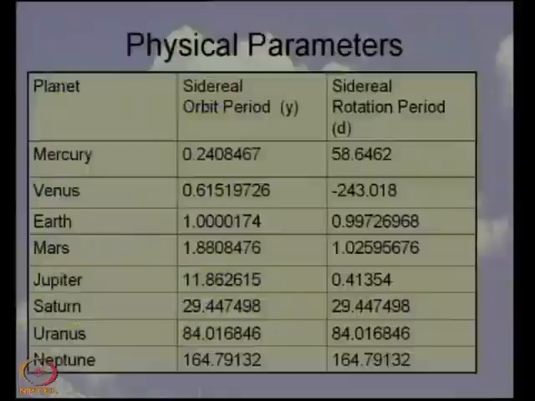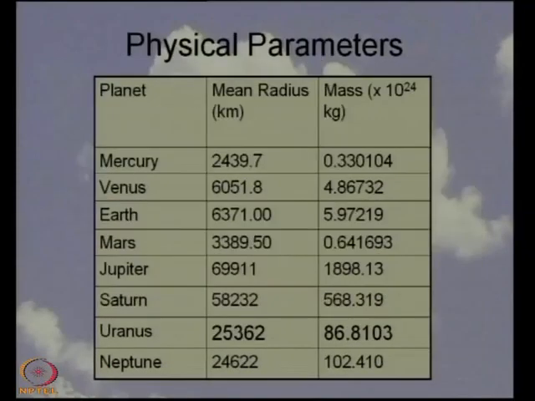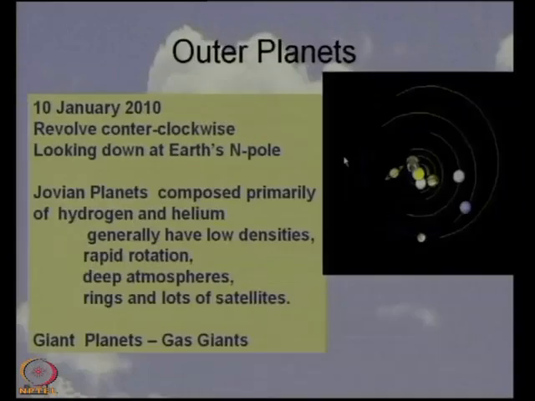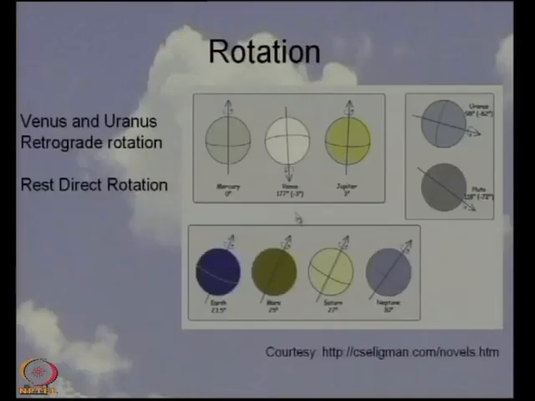You can see that here. So the rotation period of Venus is 243 days. Okay, whereas for Earth it is close to 1 day. Mercury also has a very interesting thing. Its rotation period is comparable. Okay.